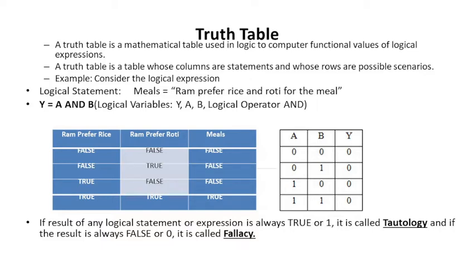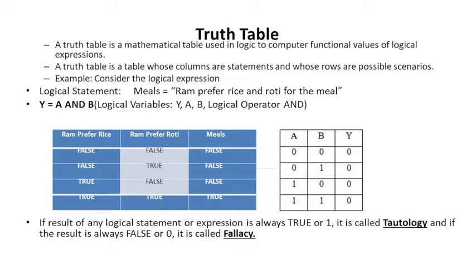Example, consider the logical statement: Meals is equal to Ram prefers rice and roti for the meal. So how can we write this expression in the form of a truth table?